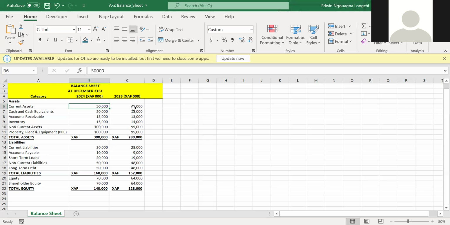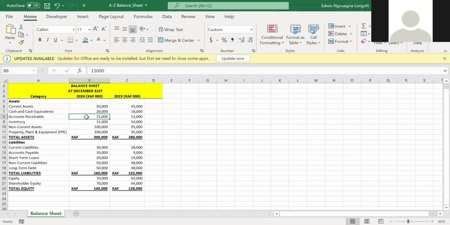So at any point in time, when you go to your fixed assets register, you should be able to get the value as of that day, and you put it under current assets. You put the value here. Cash and cash equivalents: money from your cash register or from your statement of cash flow. You can get it here.